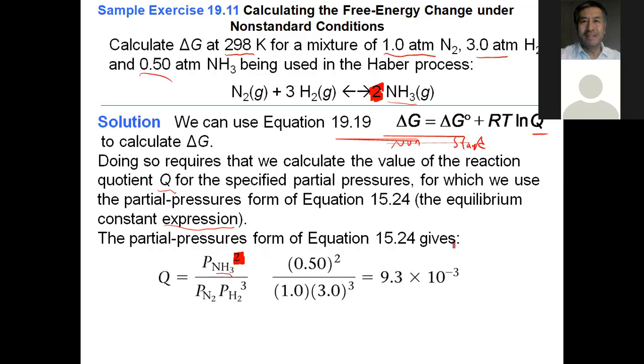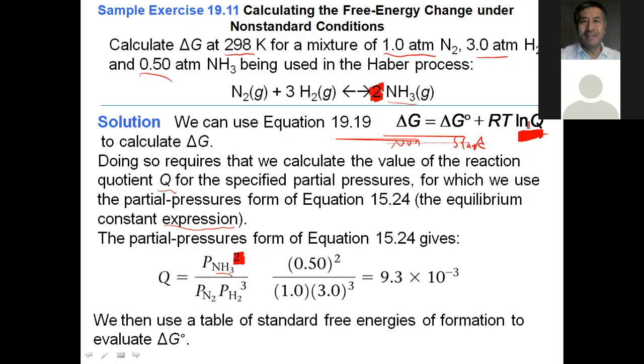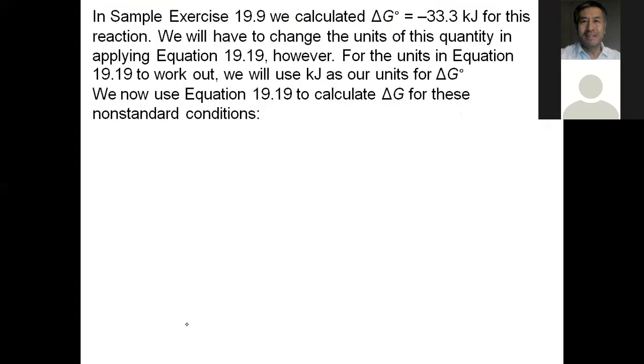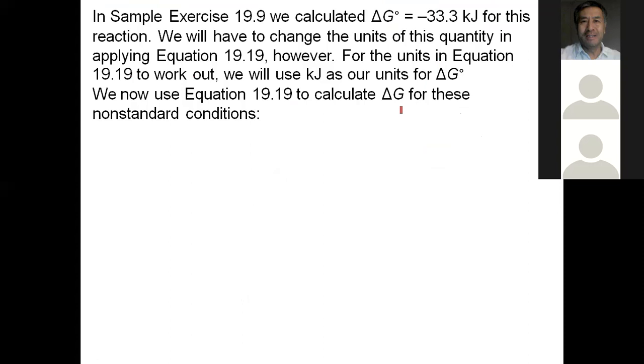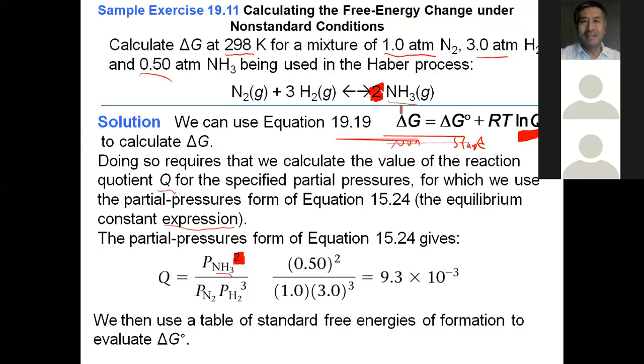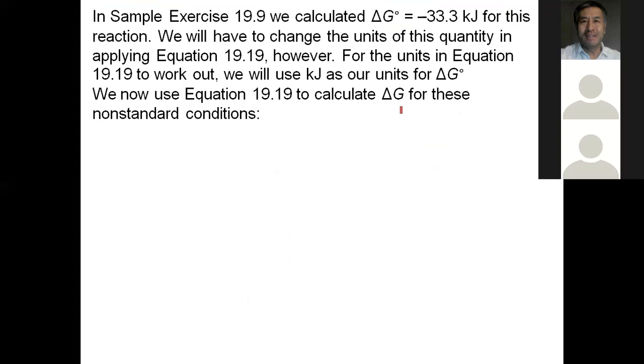Next, you just plug this Q into this equation and calculate delta G. Obviously, we also need to know delta G naught. From the first question, we know our delta G naught is this number.